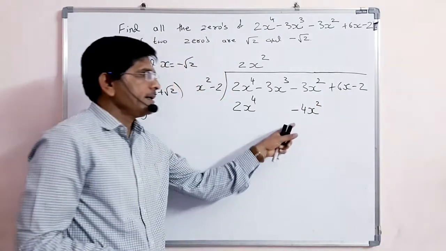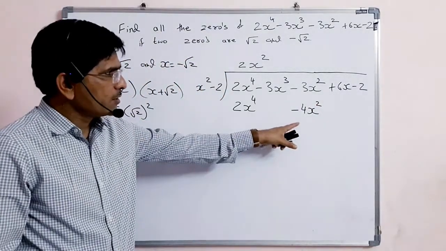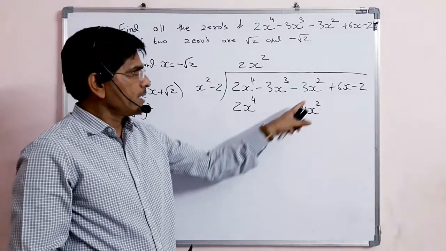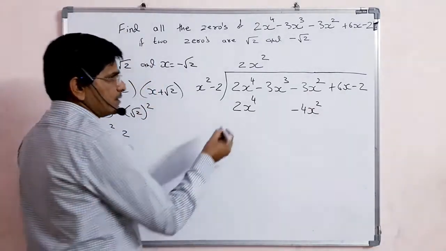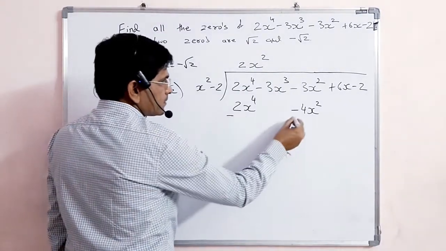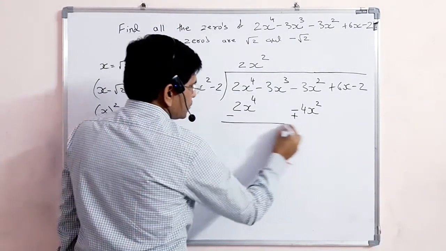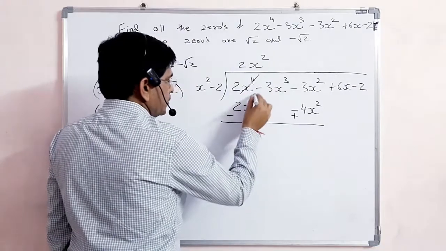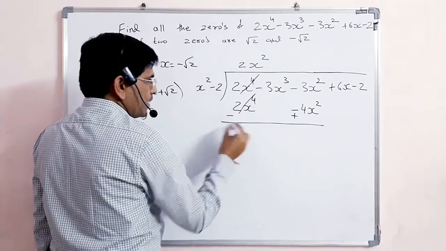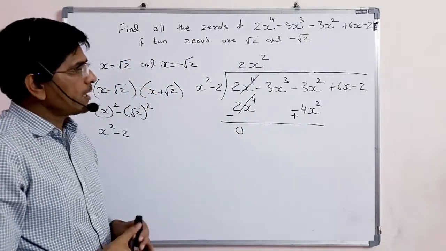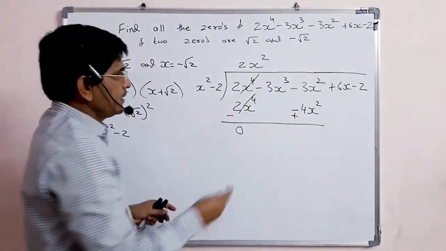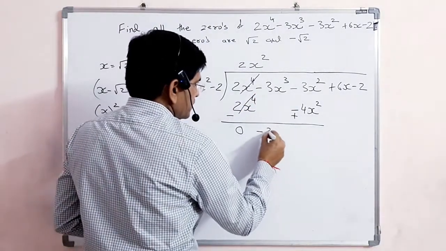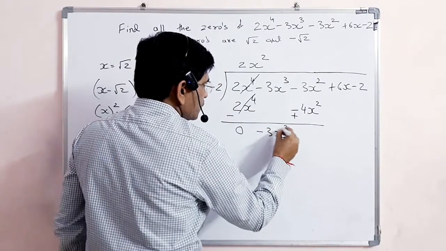Why do I write it here? Because the power is 2, so minus 3x squared and minus 4x squared are like terms. Now we change the sign, that is minus plus. Now we simplify this. We know plus minus answer is always 0. So now we write minus 3x cubed here.